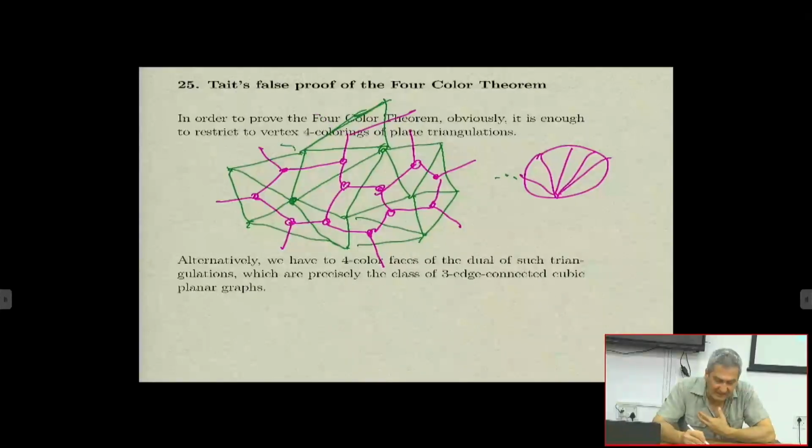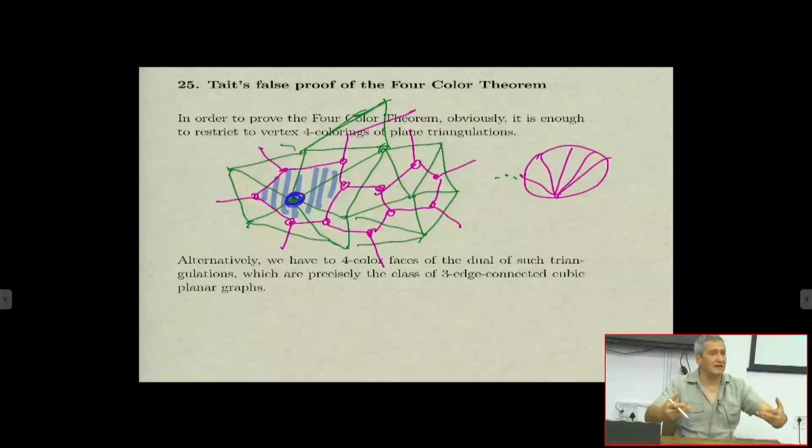Instead of coloring, let's say, this vertex of the original graph blue, we should color this face in the dual blue. Do we agree? Coloring the vertices of the original graph is exactly the same as coloring the faces of the dual.